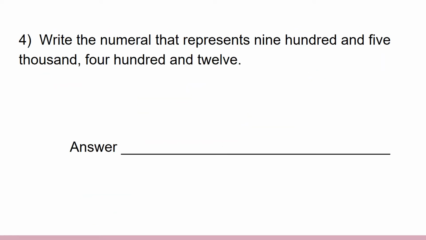Write a numeral that represents 905,412. Hundred thousands. I know I'm going to write from hundred thousands because they said 905 thousand. Okay, 100,000, tens of thousands, thousands. This is for those who are not sure how to write it immediately.